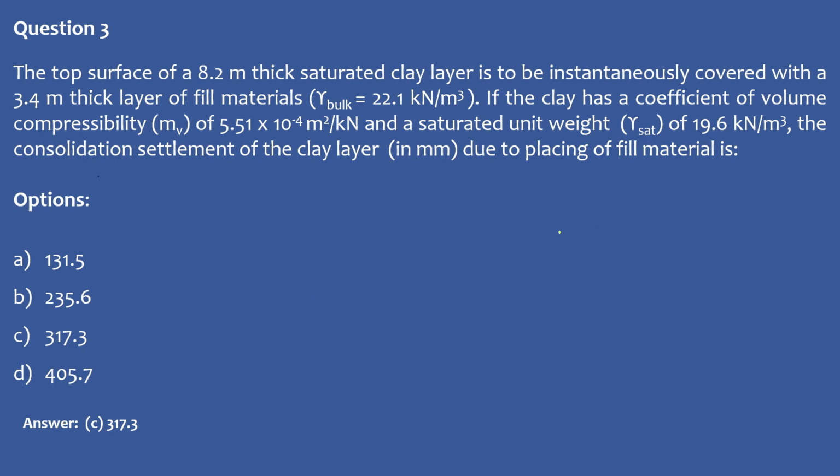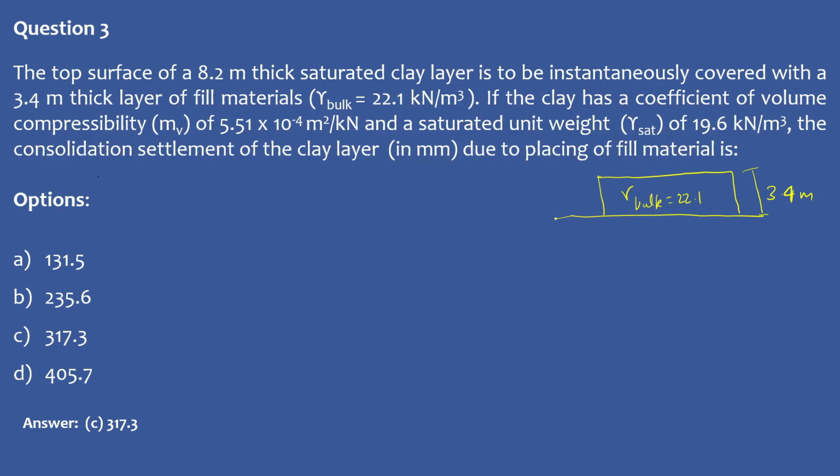So let's say you have a certain ground, and you are covering this ground with a fill material. This fill material has a height of 3.4 meter, and its gamma bulk is 22.1 kilonewton per meter cube.